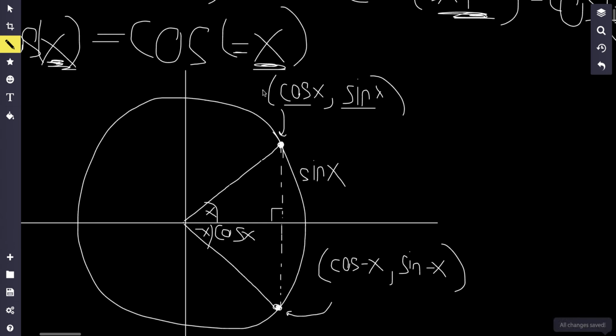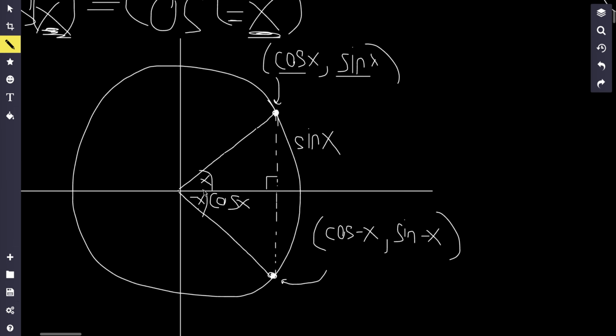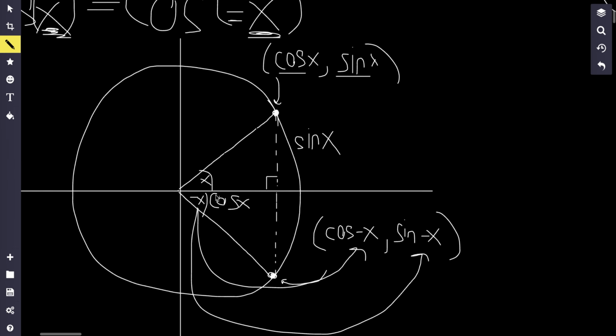When you create an angle, it's cosine of that angle, comma, sine of that angle we created. So if I create a negative x angle, the coordinate of this point is just going to be cosine of negative x, comma, sine of negative x. So all we did was change the x to negative x because that's the angle we're dealing with.